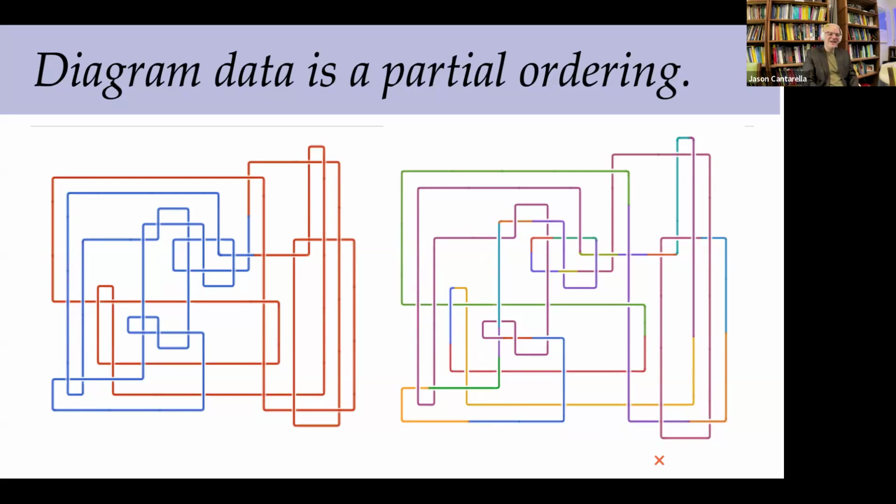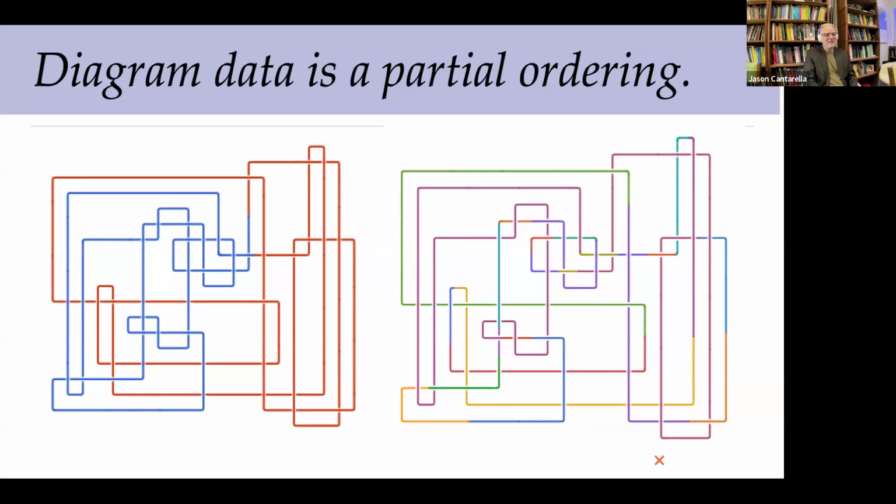So here's another idea. What the crossing information is telling you about knots is like a partial ordering. If I see an arc going over another arc, there's some combinatorial object in which something is greater than something else.